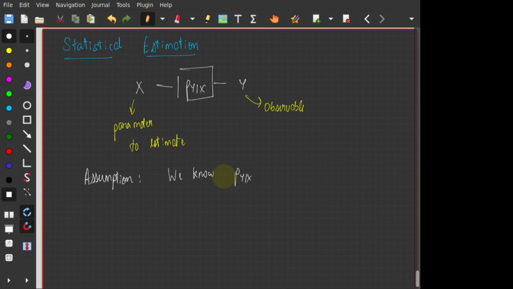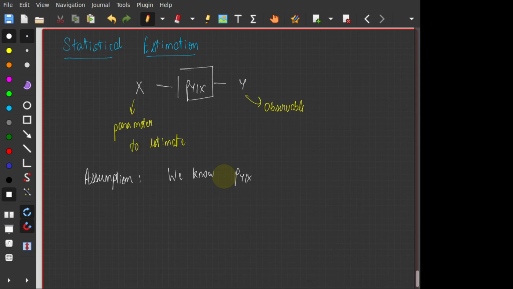I'm going to use Py given x to denote either a conditional PMF or a conditional PDF, depending on whether x and y are discrete or continuous. So we'll generally look at probability density functions, but I'll still use the notation Py given x instead of Fy given x, because f is going to typically denote the function that we're trying to optimize over.